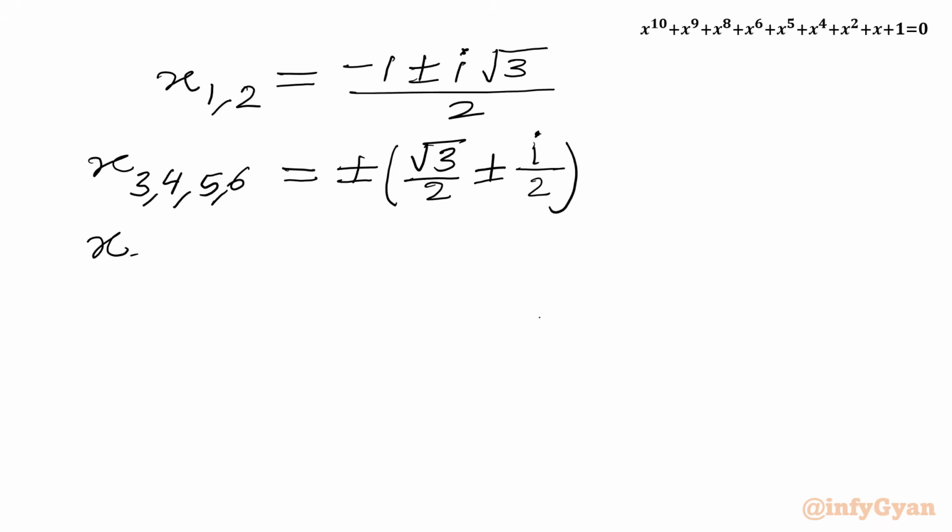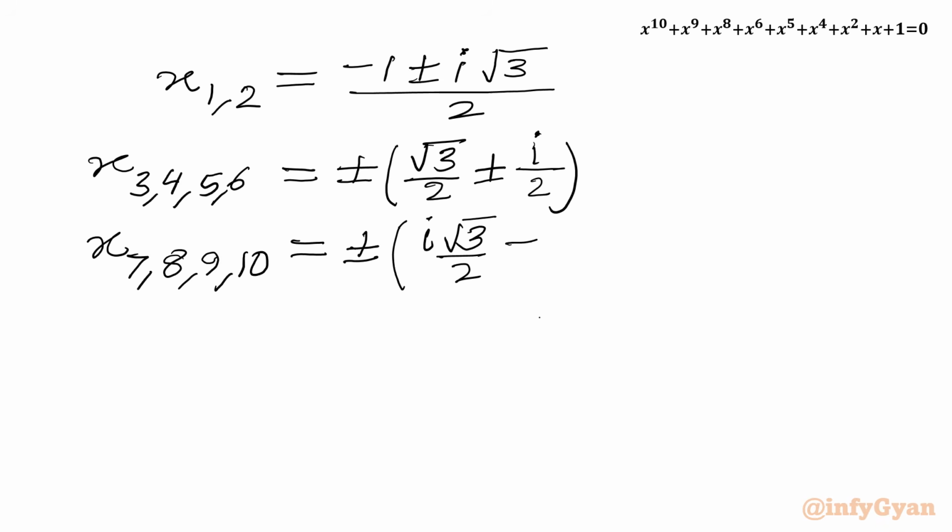Then we'll write x7, 8, 9, 10 will be equal to plus minus, in the bracket i square root 3 over 2 minus plus 1 over 2. So we have 10 complex solutions.